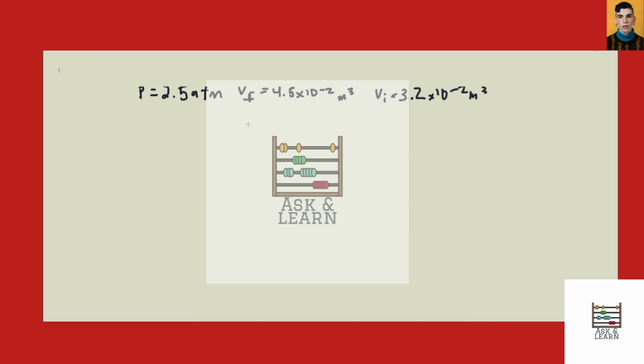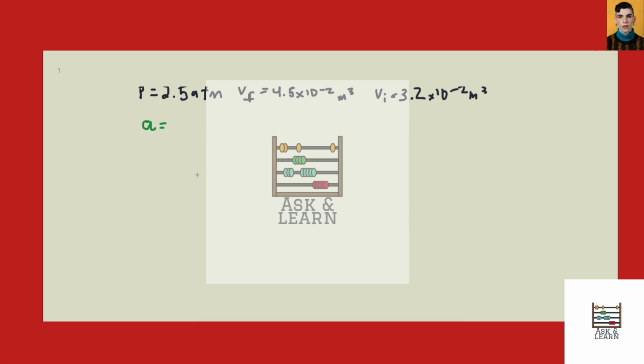And next, for A, we want to get the initial and final temperatures. And I'm just going to write in a different color because this is sort of a lot of writing to do. So I want to make sure it's clear.